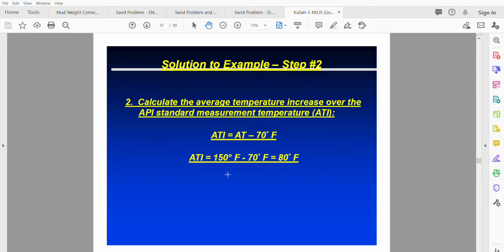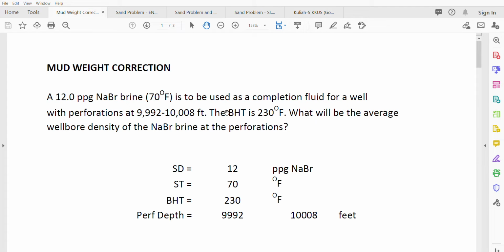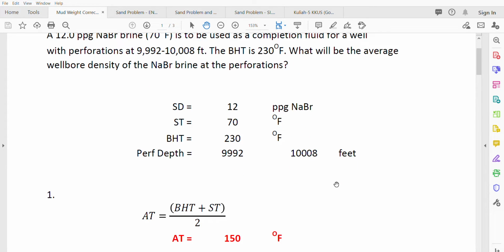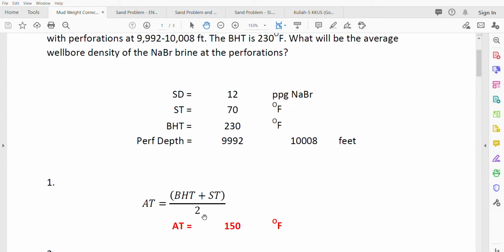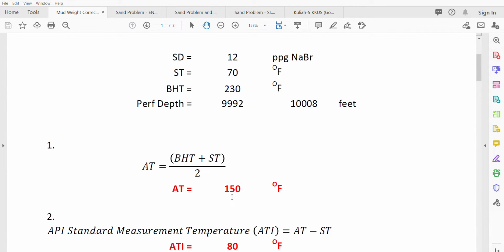In order to do this, I have something like this. From these equations, I put them in one by one. Surface density is 12 ppg. Surface temperature 70, bottom temperature 230. This is the perforation. So the average temperature is between the surface and the bottom: 70 plus 230 divided by 2 is around 150 degrees Fahrenheit.